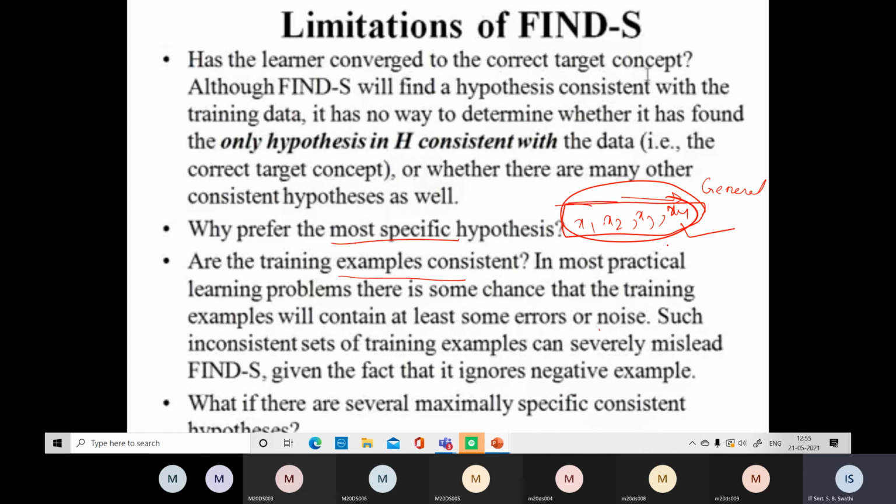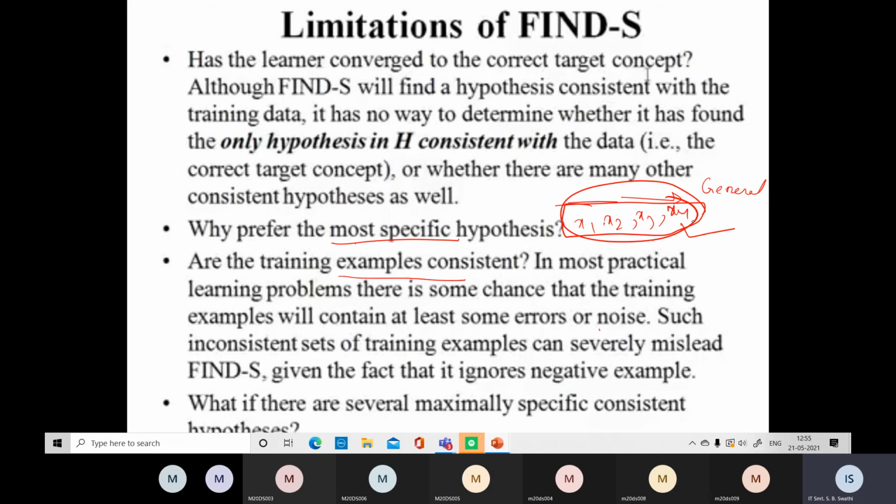When we neglect the negative instances, sometimes some kind of mismatch may occur when we are generating the general hypothesis. So these are some limitations of the Find-S algorithm. We also can't say that all these instances are consistent, meaning all are accurate, and we can't assure that we have covered all the instances or not.